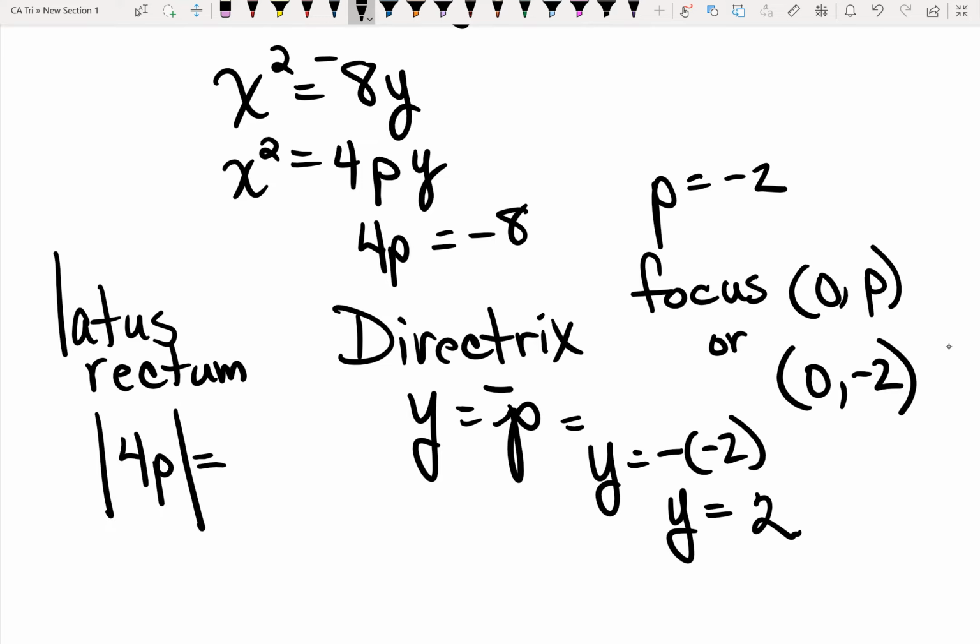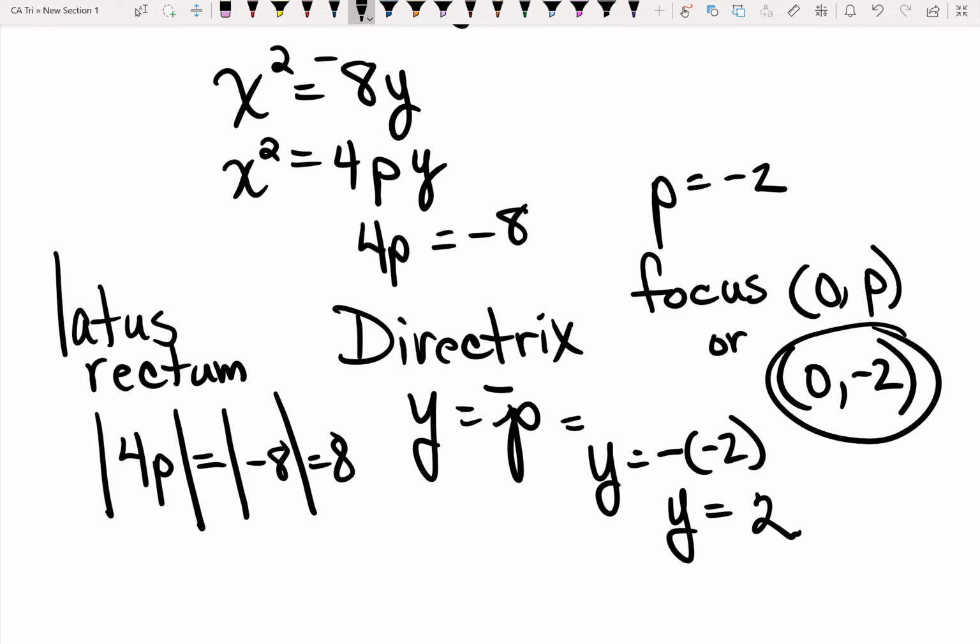In this case, it's the absolute value of negative 8, which is 8. So now we know with all of this information a few things. We know that the focus is 0, negative 2. The endpoints of the latus rectum are negative 4, negative 2, and 4, negative 2.